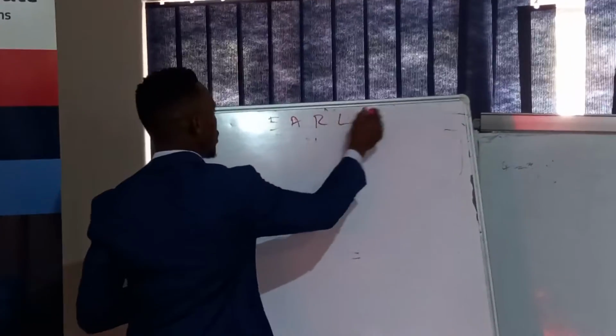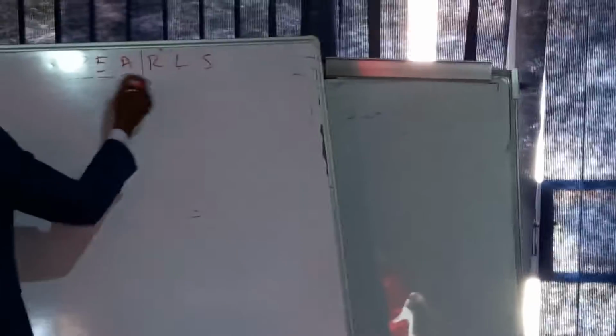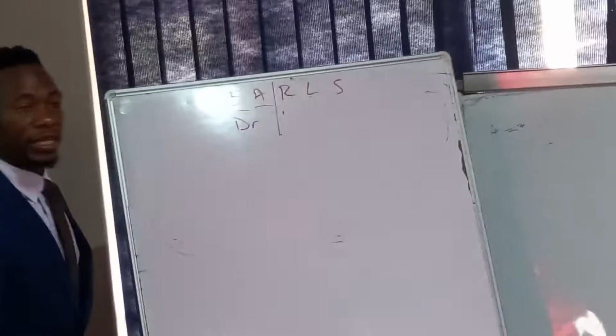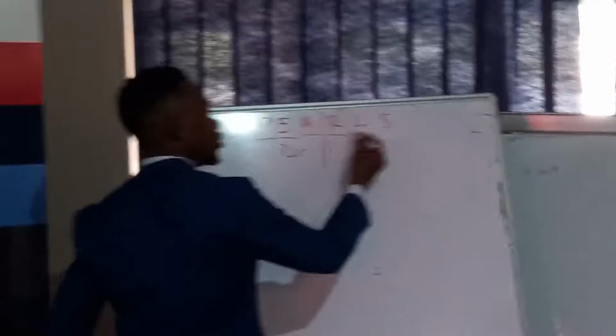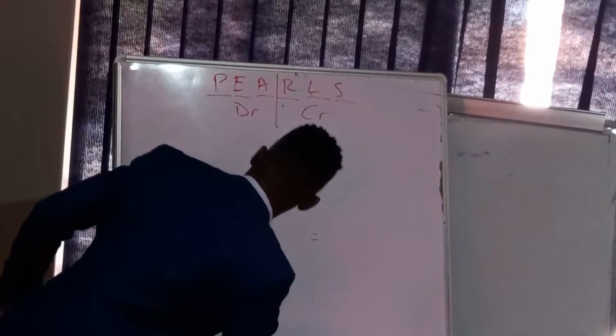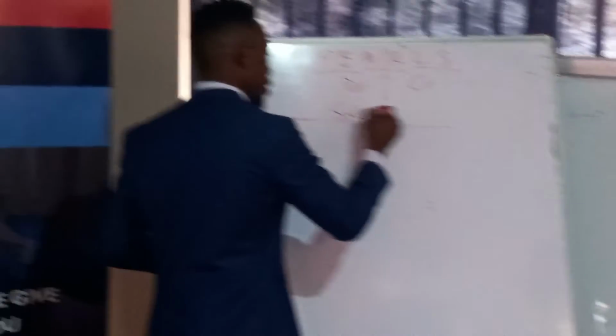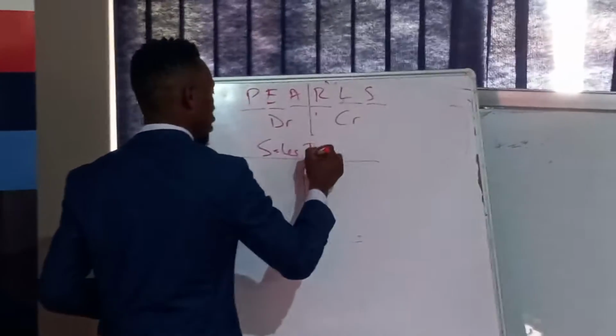Looking at my PELs here, purchases, expenses, and assets are represented by a debit. Revenue, liabilities, and share capital are represented by a credit, right? So, following this, I'll prepare my sales tax account. The trainee made some errors.